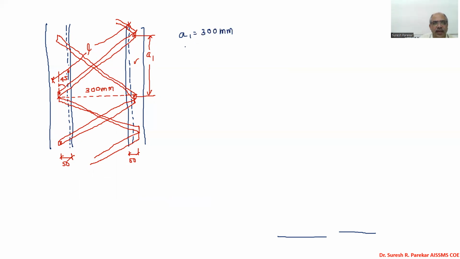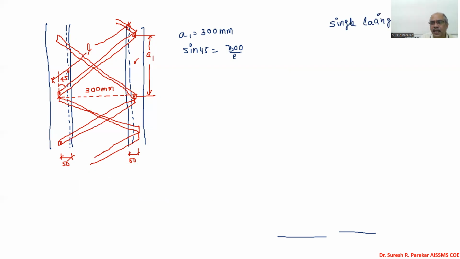In the last video we committed a mistake in finding L. We actually have sin 45 equal to 300 upon L. In the last video, single lacing, we committed that mistake.